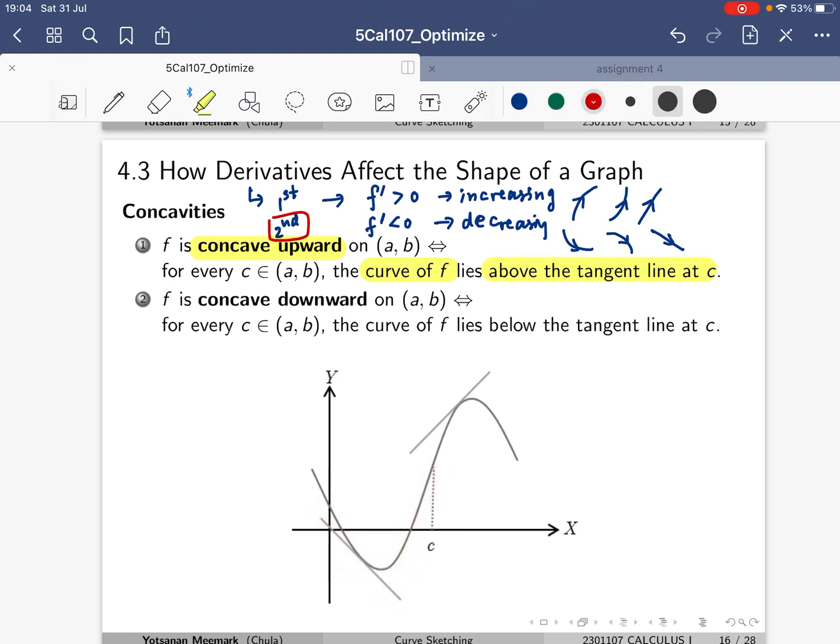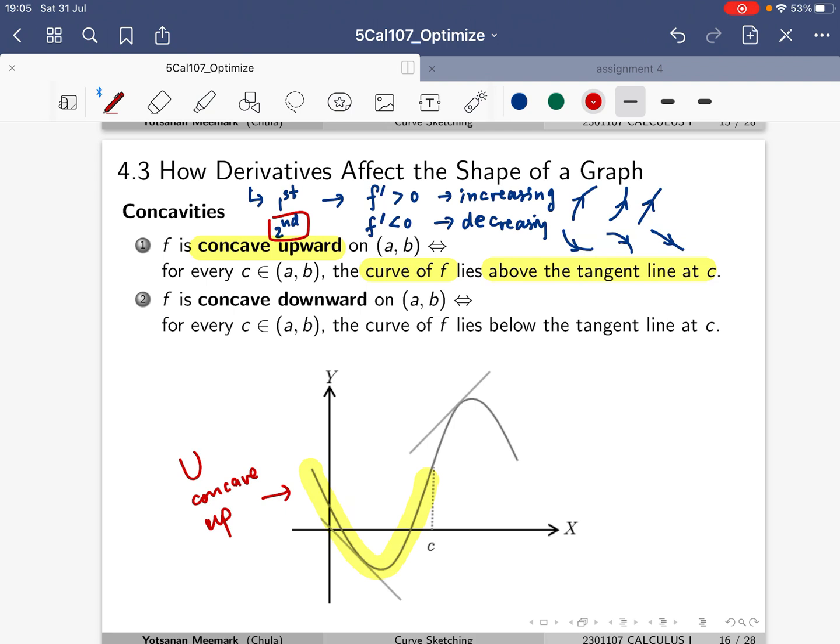So along this interval, it is the interval of concave up. Concave up will look like a U shape, and a U shape like this will give you a valley.